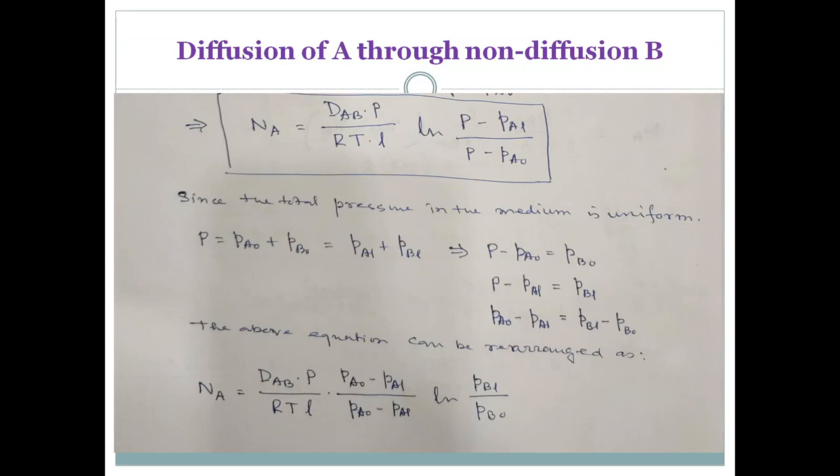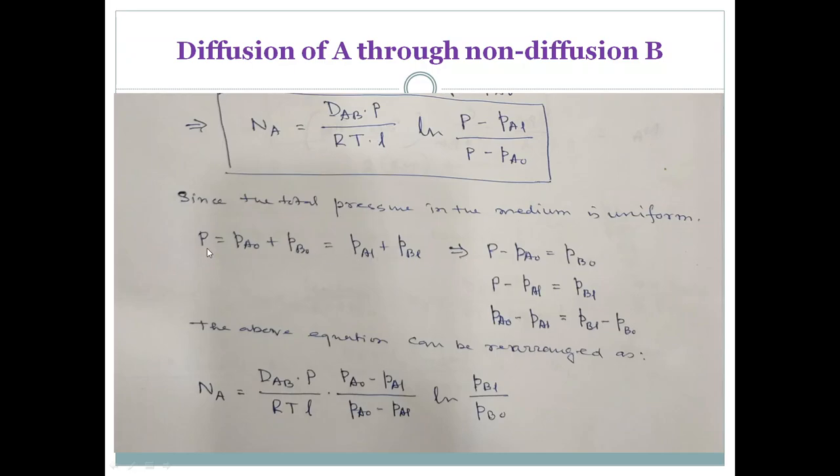That's all, but the total pressure will be constant. So the total pressure P equals PA0 plus PB0, and that will be the same as PAL plus PBL. Here, since PA0 is higher than PAL, PB0 is lower than PBL.